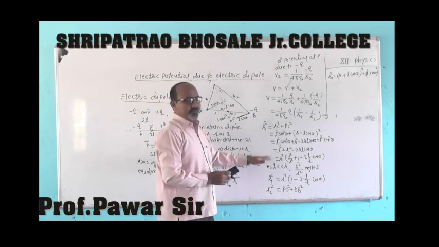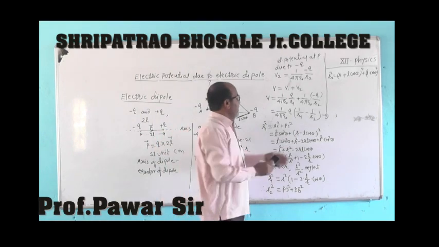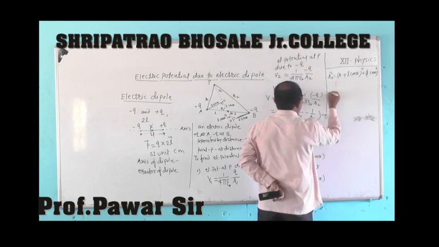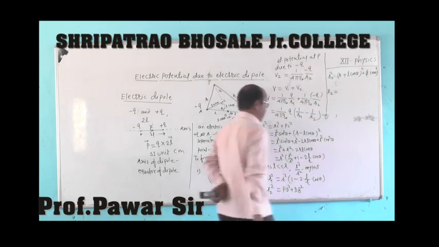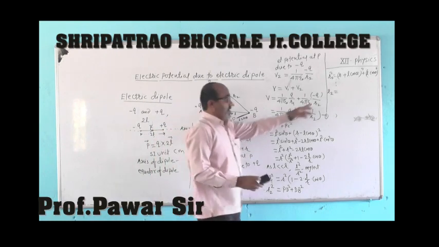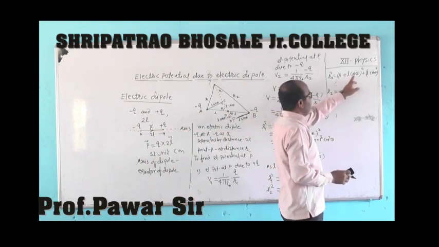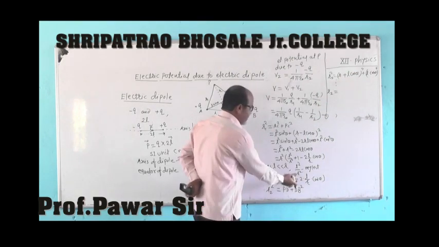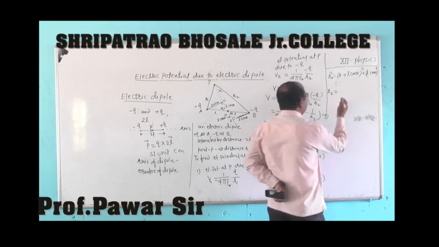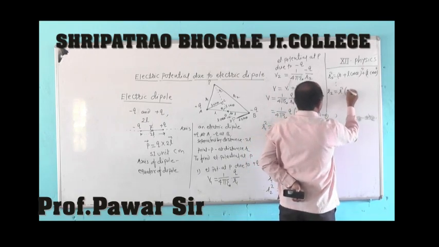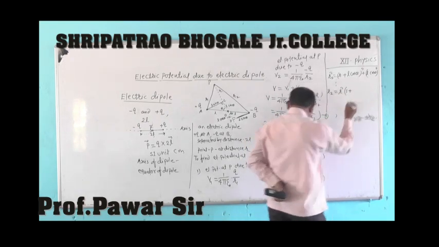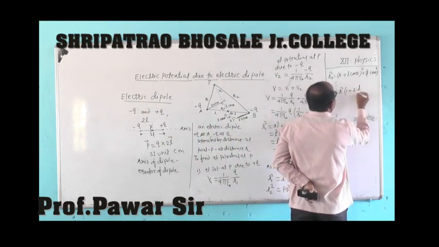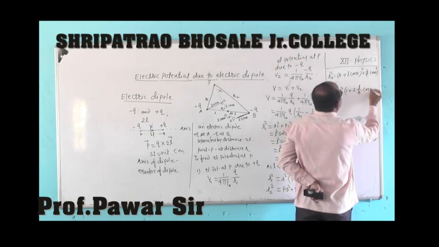So we get similar steps except this minus sign. Finally, if we solve these, we will get R2 equal to R plus L cos theta bracket square. So instead of this minus sign, we get plus, and R2 equal to R square into bracket 1 plus 2L divided by R into cos theta.